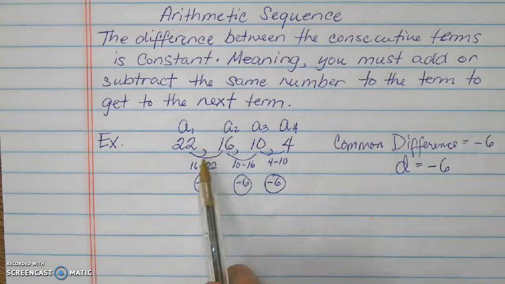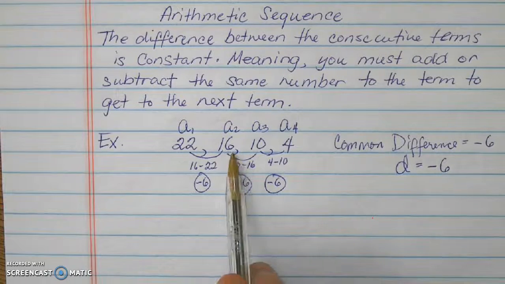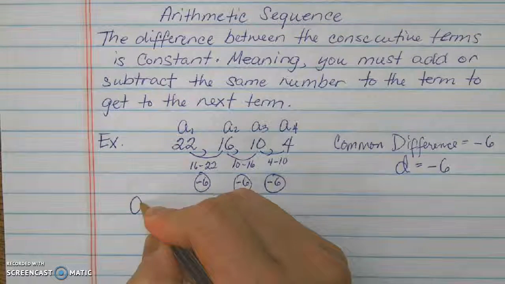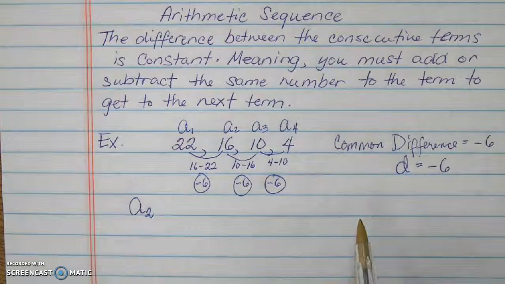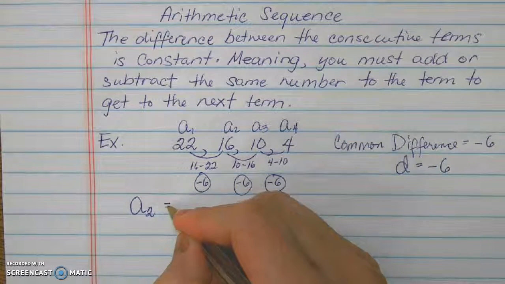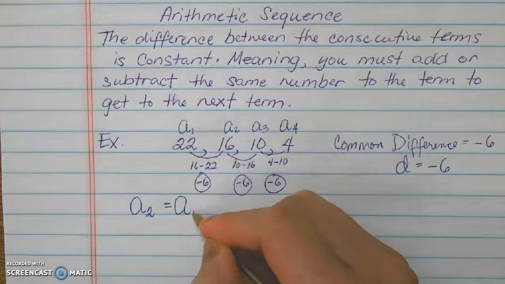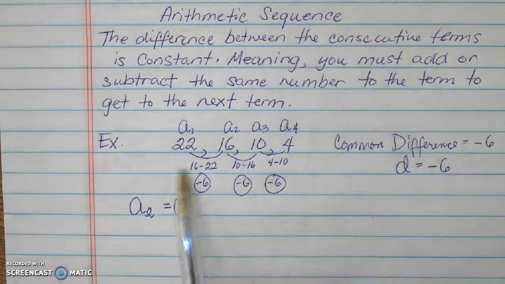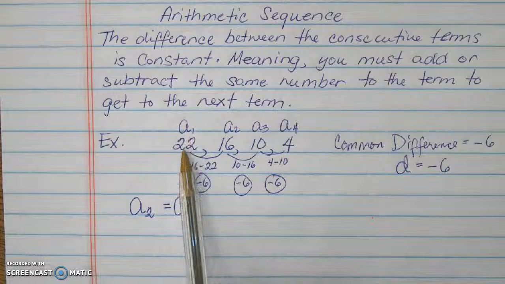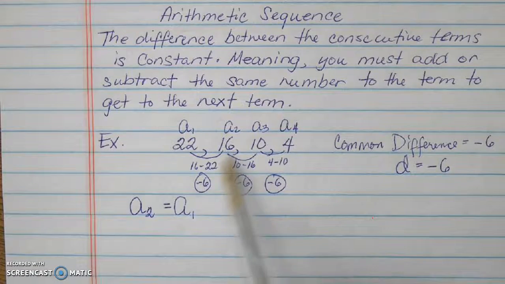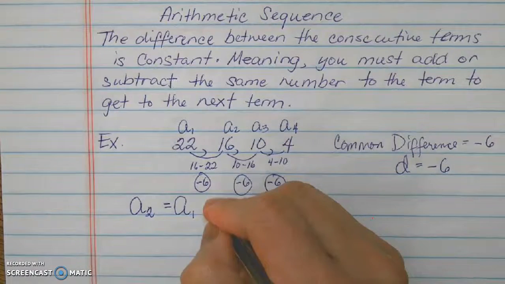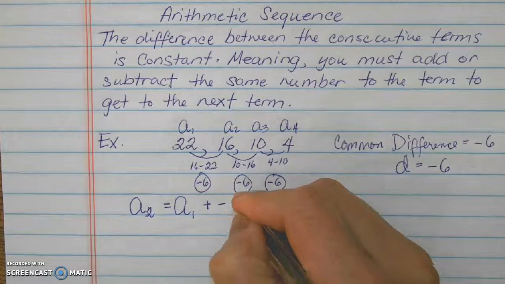Let us start exploring how to get the formula. If I have A2, since this is a recursive formula, I need the number before it, which is my A1. And what did I do with my A1, which is 22, to get to 16? You're right. I added a negative 6.